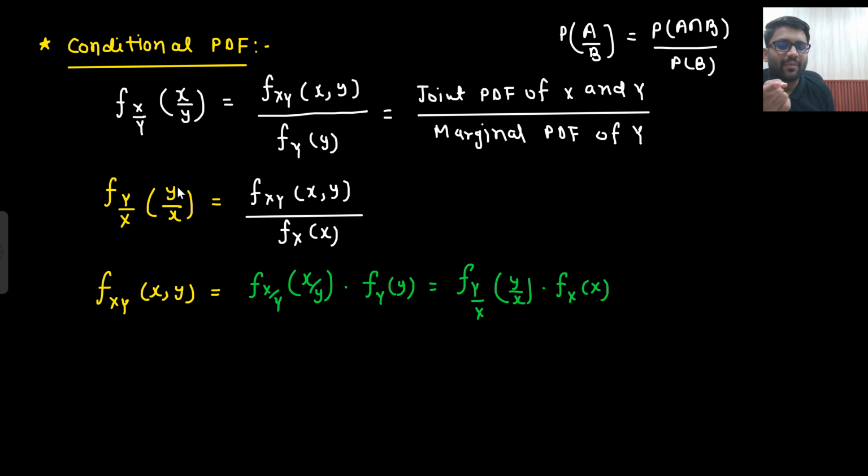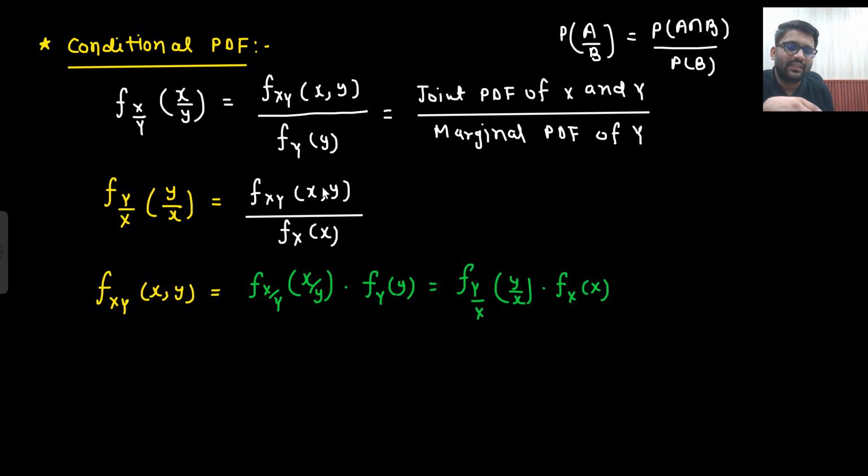This would be your y given x. Is that clear to you? Very simple. It is the PDF of a random variable y such that x has already taken some value.